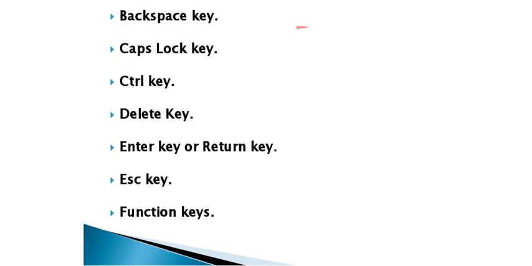So the next, that is control key. This control key is used in conjunction with other keys to produce control characters. For example, if I had to open a new document in MS Word, then I will use control plus N. So this control key is used in conjunction with the other keys.